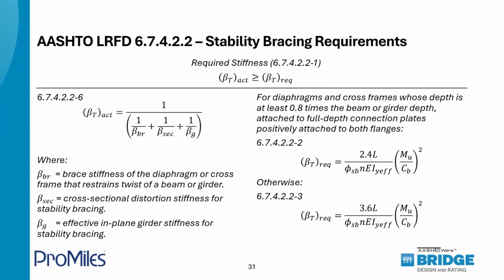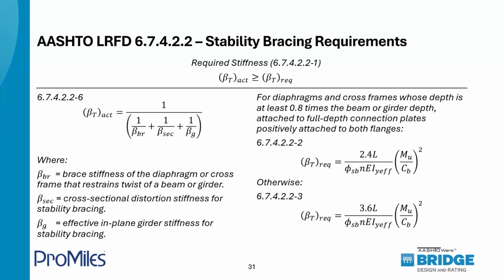For the stiffness requirement, the actual bracing torsional stiffness has to be greater than the required torsional stiffness. Beta T actual has to be greater than or equal to beta T required. The new article has detailed calculations and commentary to help compute actual and required stiffnesses.